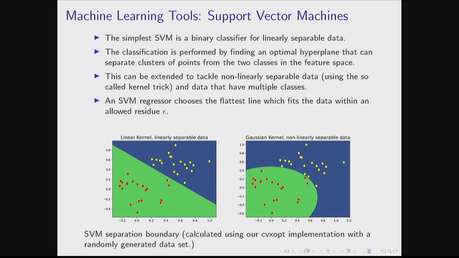What you really need to do is look at the optimization problem that you're solving for the SVM, and there are a lot of inner products happening there, and you replace all the inner products by these kernel functions. And that is enough to have this effect of solving the nonlinear version of this problem. Right. SVMs, support vector machines, can also work as classifiers as well as regressors. As a regressor, you basically try to fit the flattest line to the data within some allowed residue, epsilon.